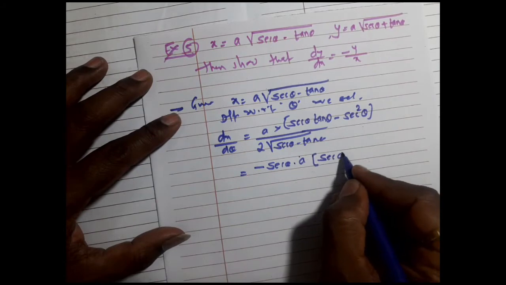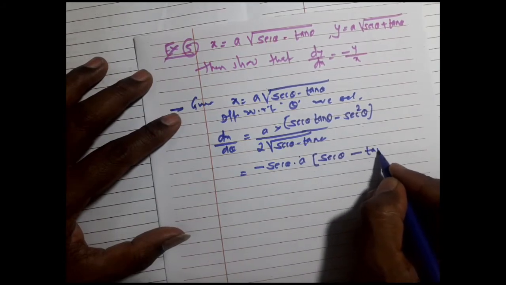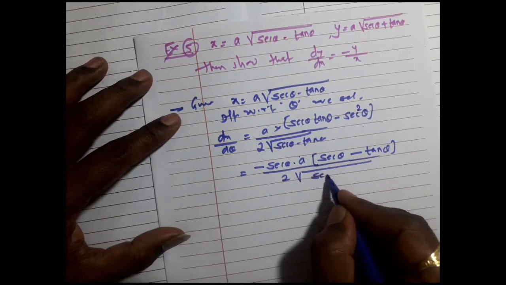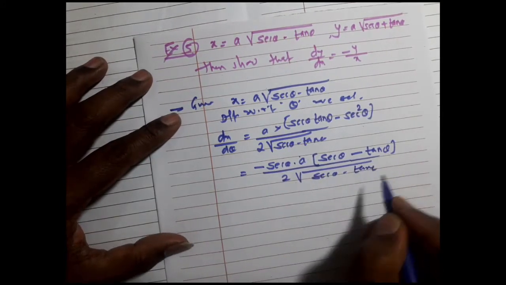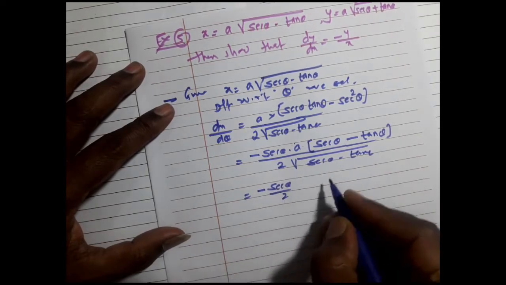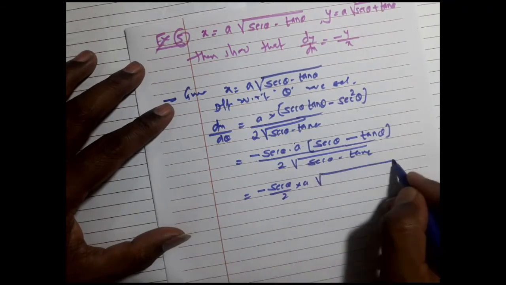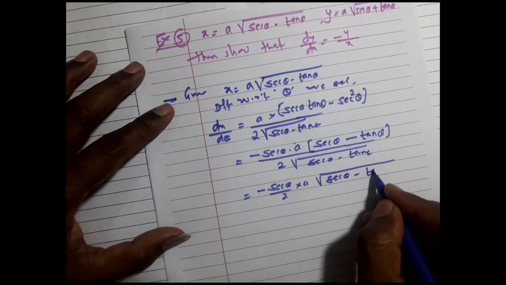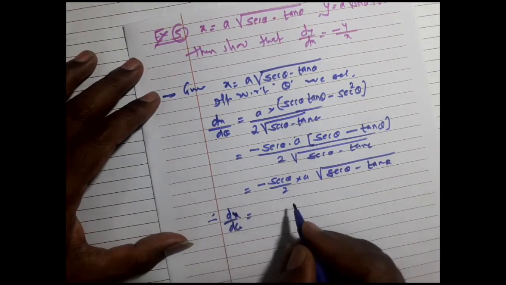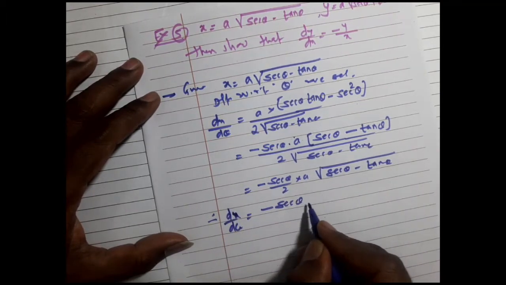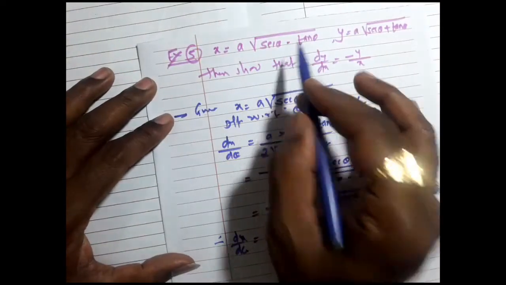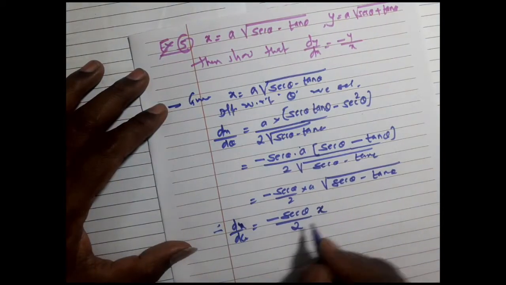So sec theta will be coming forward minus tan theta divided by 2 root sec theta minus tan theta. And this is minus sec theta upon 2 into a under root sec theta minus tan theta. Therefore, dx by d theta is minus sec theta upon 2, and this a into root sec theta minus tan theta is x.